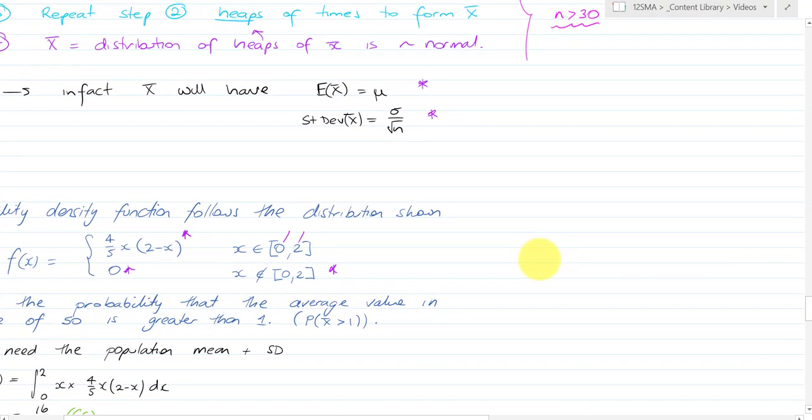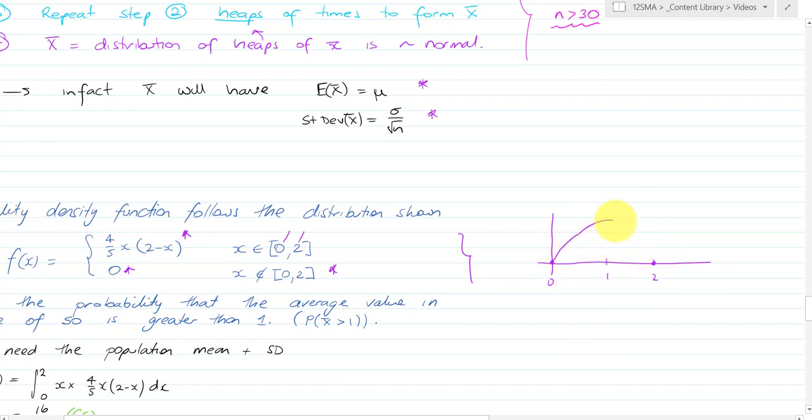So this function here, it's a quadratic, which means it's not quite normal, but it's not too dissimilar in shape. It's got a continuous x-axis, and it goes from negative infinity to infinity, but remember all the action is between 0 and 2, and because it's quadratic it passes through (0, 0) and (2, 0). I can see there the two intercepts.